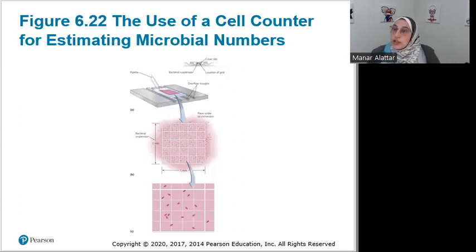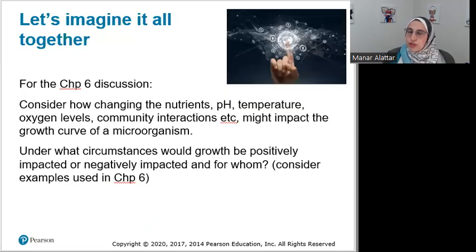So that's essentially chapter 6 for us. And what I want you to do for your discussion post for chapter 6 is take these different components, right? And say, okay, at the end of the chapter, we talked about the phases of cell growth, right? We have an exponential phase, a stationary phase, and a death phase.